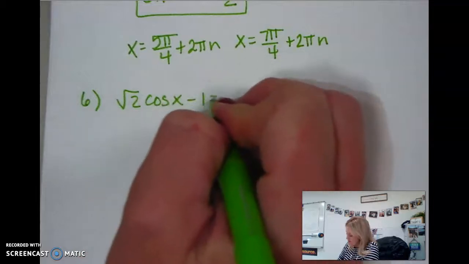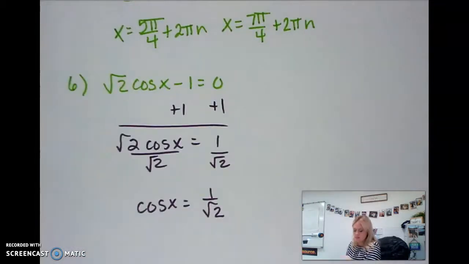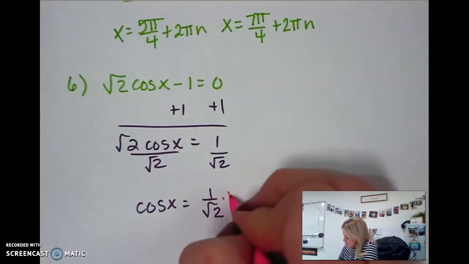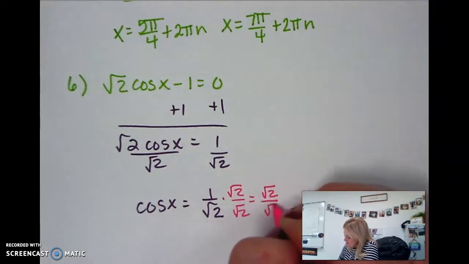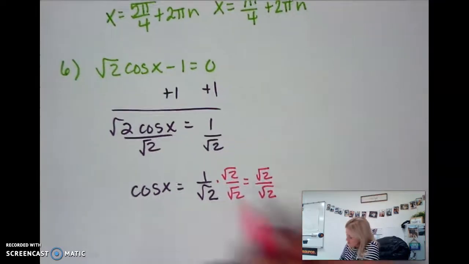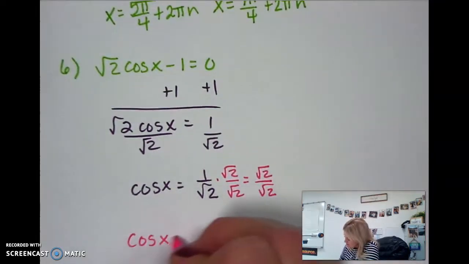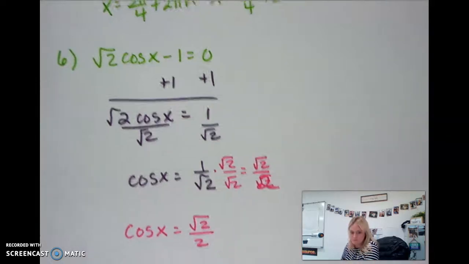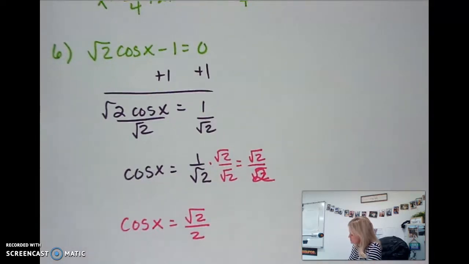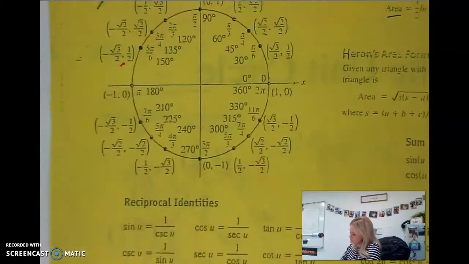So once I show the algebra, I end up here. Is that even on my unit circle? It's not. So I must need to rationalize this side first. And now this is on my unit circle. So when is cosine of x equal to square root 2 over 2? Square root 2 over 2, cosine is positive, both at pi over 4 and 7 pi over 4.